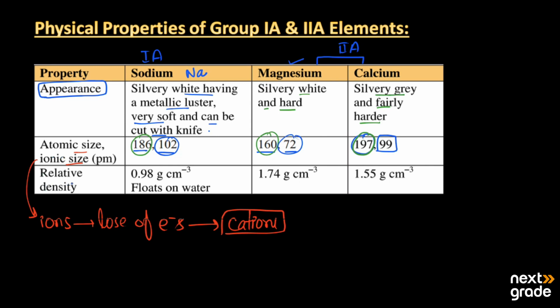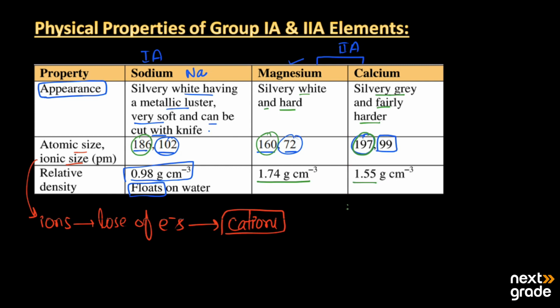Then here we have their relative density. What will be the density of these metals? The density of sodium is 0.98 gram per centimeter cube, which is less than water, so it can float on the surface of the water. On the other hand, the density of magnesium and calcium, the alkaline earth metals, is 1.74 and 1.55 gram per cm cube.